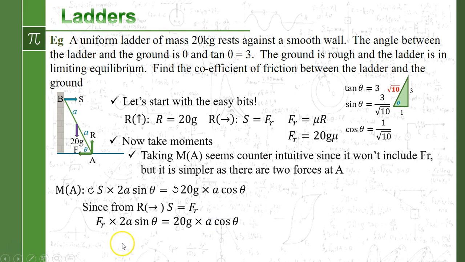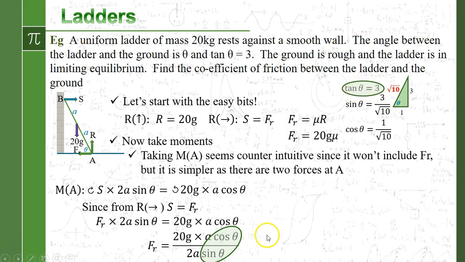So there we go. We've got friction times 2a sine theta equals 20g times a cos theta, and so let's get friction now by just doing a bit of dividing, and we can tidy that up quite a bit, because we've got cos theta over sine theta, which is cot, or tan theta equals 3, so that means cot is going to be 1 over 3, so that bit there is going to be a third.